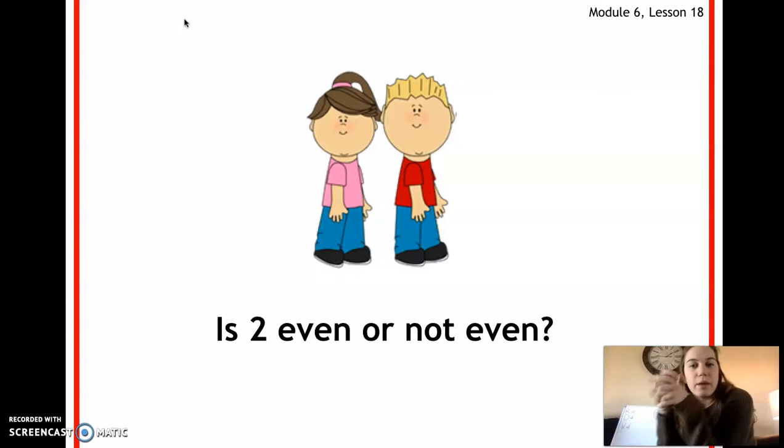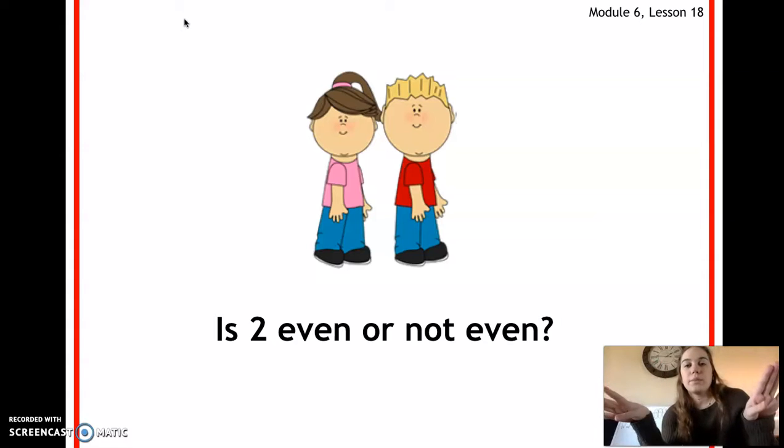If we put both those friends together, is there anyone left over by themselves? No. So yes, it's even. Or if we split them up into 2 groups, so one friend goes over here, the girl goes over here, and the boy goes over here. Are our groups equal? Yes, they both have 1 person in it.